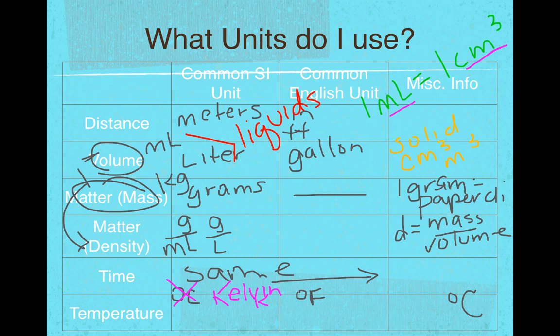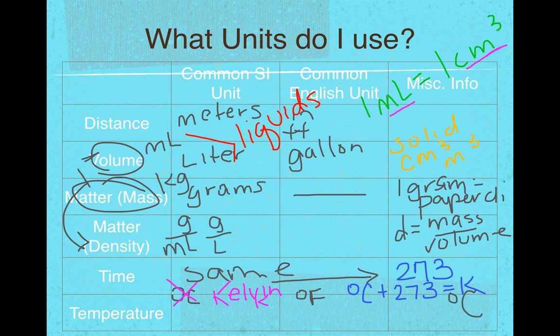about converting between Kelvin and Celsius. The magic number here is 273. I cannot have a negative Kelvin. So if I have a degrees Celsius, I'm going to add 273 to that to get the Kelvin.